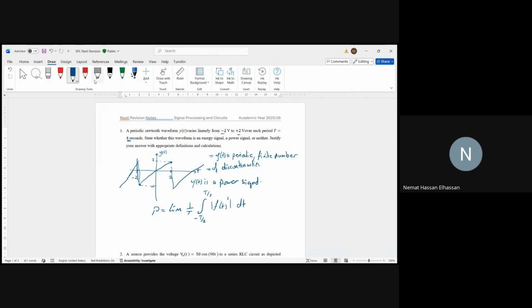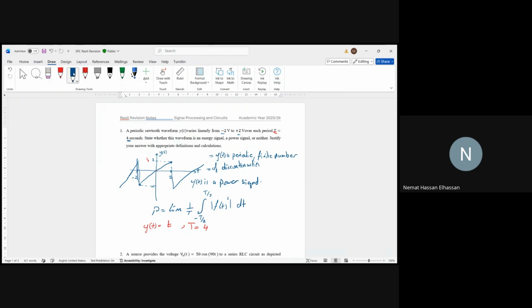So if I substitute here, if you look at the graph, you can see that y of t is actually equal to t, because when t was negative 2, y of t was negative 2. When t was 0, y of t was 0. When t is 2, y of t is 2. So y of t is equal to t, sorry. And then we have the period T equal to 4, which I already have from the question.